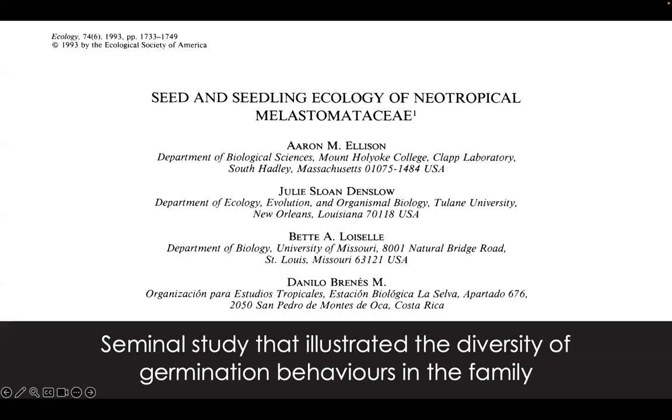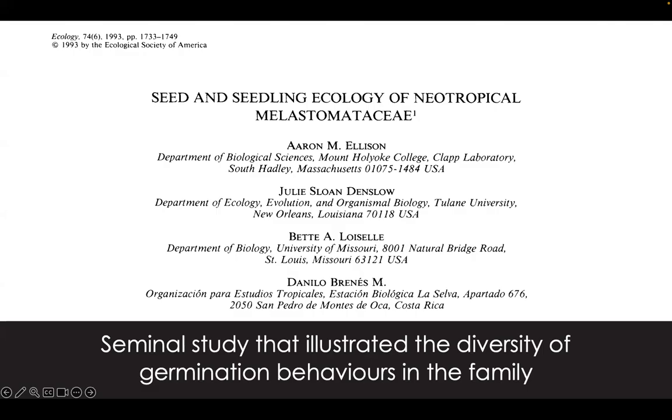The rationale of this paper was to compare the differences in the germination behavior of species from different growth forms, microhabitats, and these kinds of things. So this was the first study that actually illustrated the diversity of germination behaviors in the Melastomataceae.